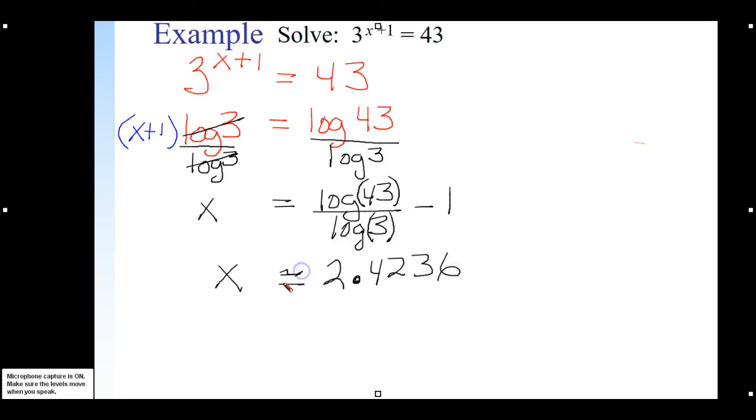Now keep in mind this is an approximation. This would be the exact answer. This is the approximation.